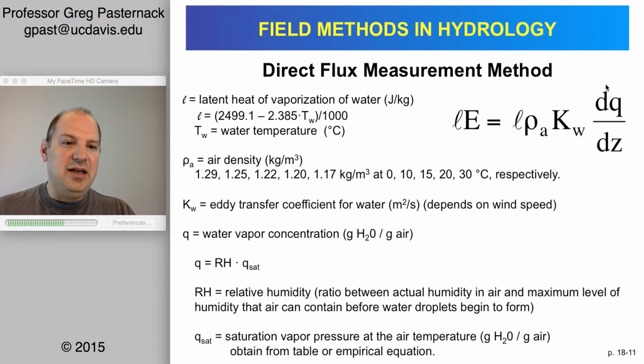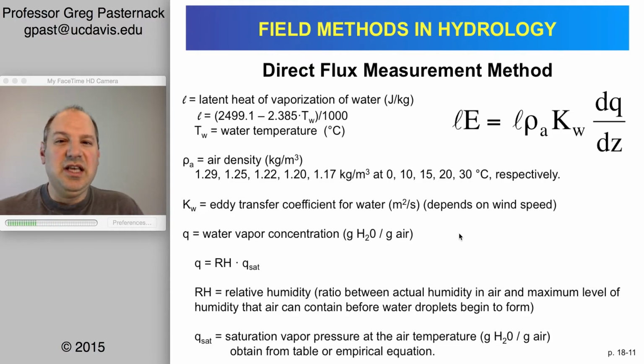Then d here, this is d like from calculus. This is saying the change in this little q versus change in z. Now we have a problem because we've already used Q and little q for water discharge. You have to forget that for the moment. This q is representing the water vapor concentration, grams of water per grams of air.